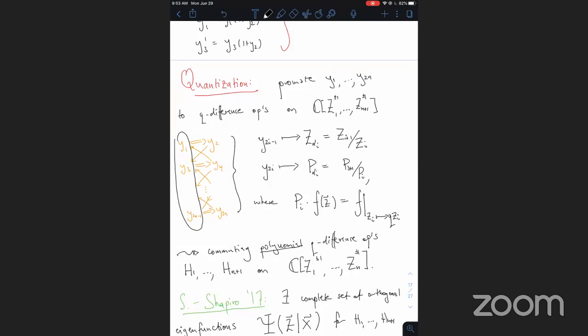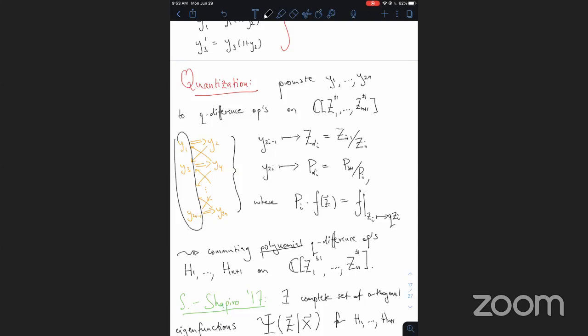So the (2i minus 1)th of these odd variables acts by multiplication by the ith simple root in the z's. So y_{2i-1} acts by multiplication by z_{i+1} over z_i.